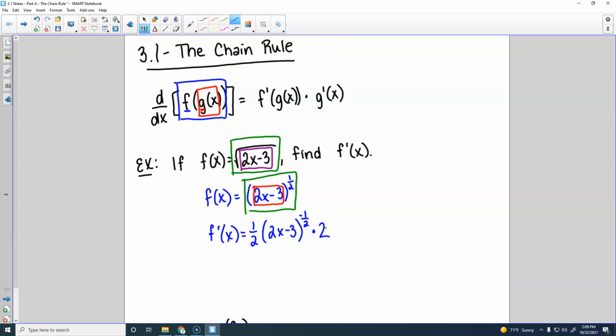Yes, because that g of x is the 2x minus 3. So the derivative of 2x minus 3 is just 2. And so here, 1/2 times 2, all this is multiplied, right? So 1/2 times 2 is 1. It's going to go away. And then I would probably move this back down to the denominator and put it in the root.